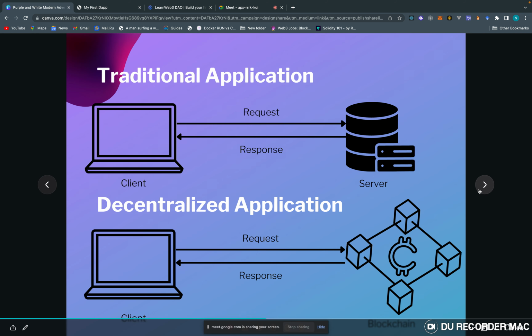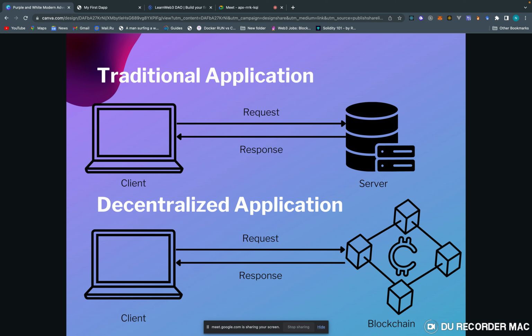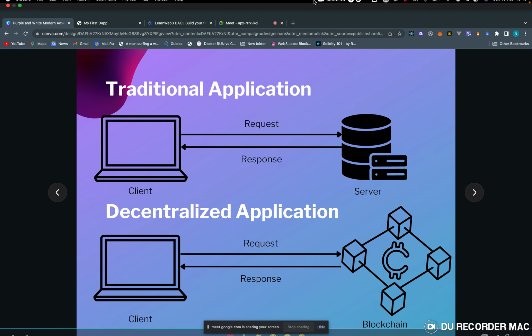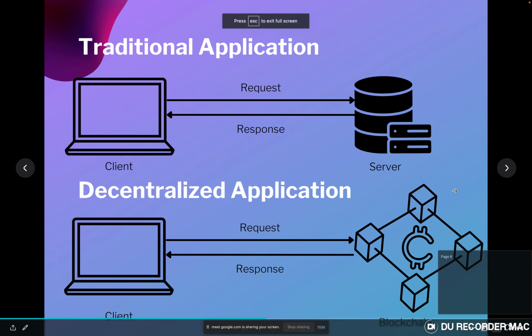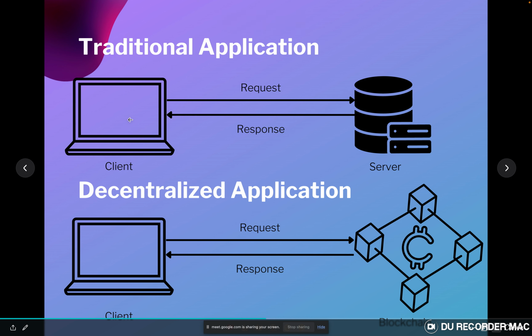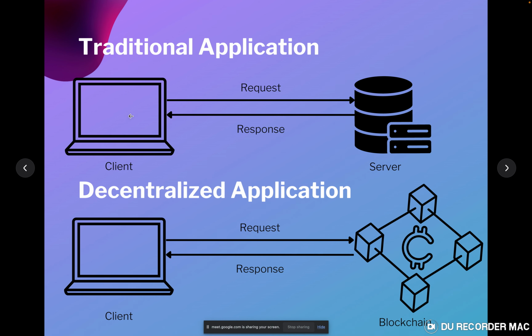If you look here, this shows the difference between a traditional application and a decentralized application. For the normal traditional application that we all know, the way it works is we have a client, which can be your phone, your laptop, or whatever.